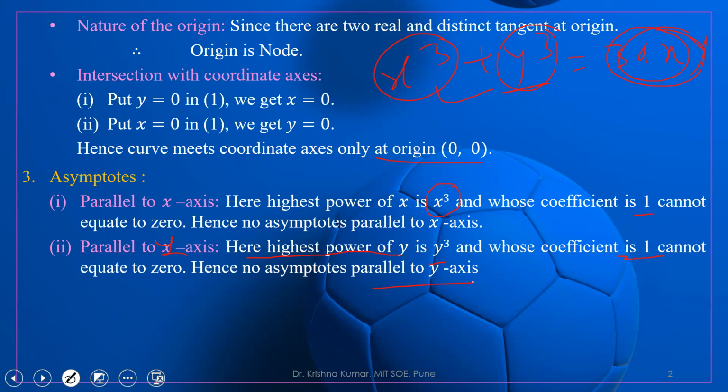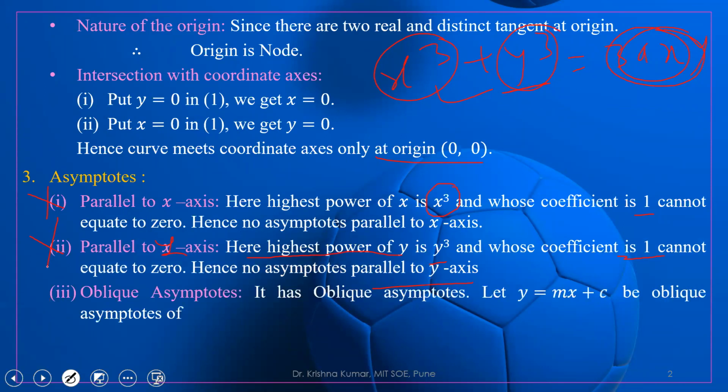So there are no parallel asymptotes. Now we will try to find the oblique asymptotes. How to find an oblique asymptote? We have already seen what an asymptote is. An asymptote is a straight line which is at a finite distance from the given curve but touches it at infinity.